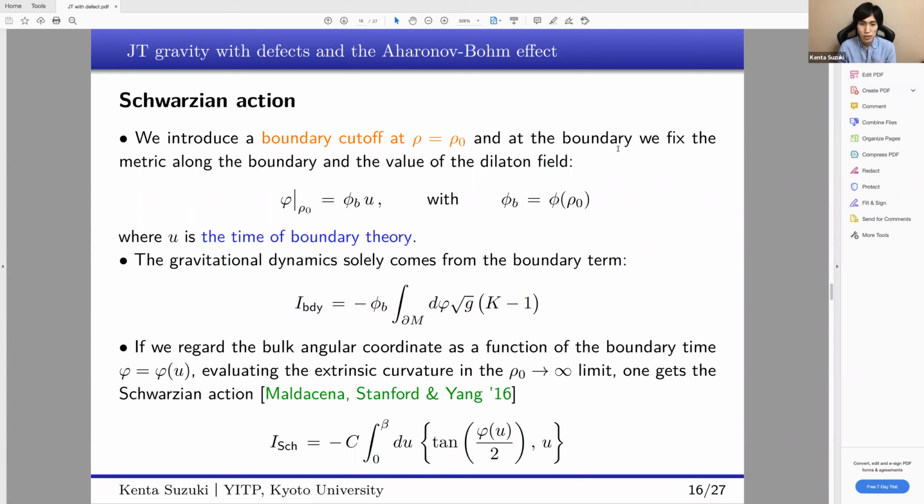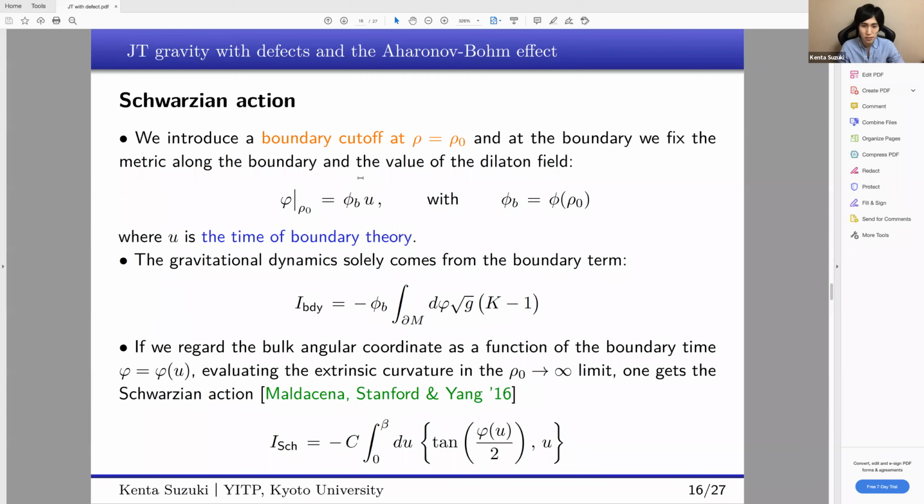Then we fix the value of the metric and the value of the dilaton field on this boundary cutoff at rho equal rho naught. We denote the boundary value of the dilaton field at this boundary cutoff by phi b.